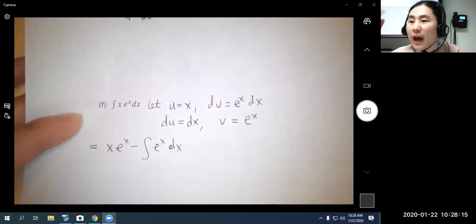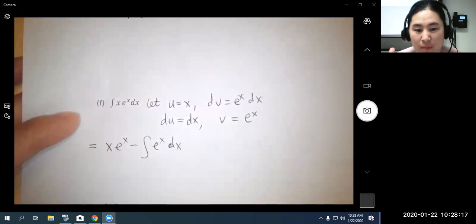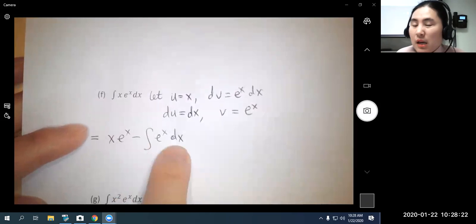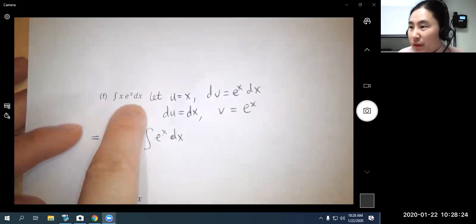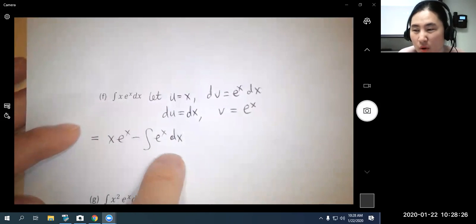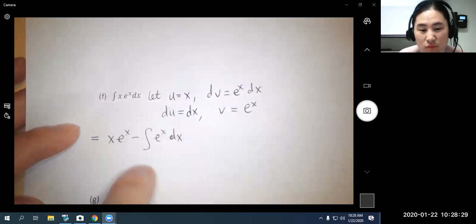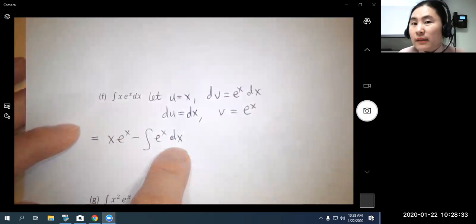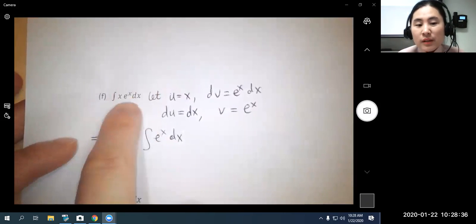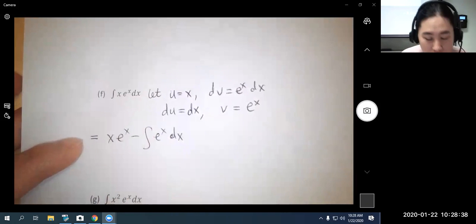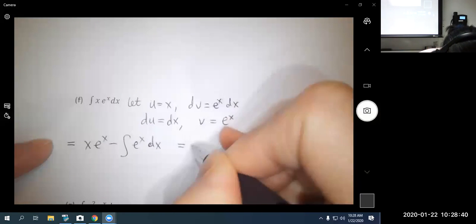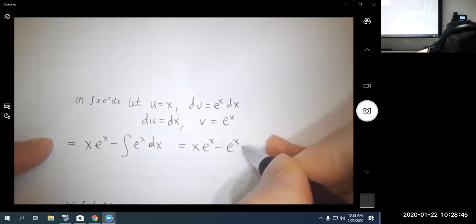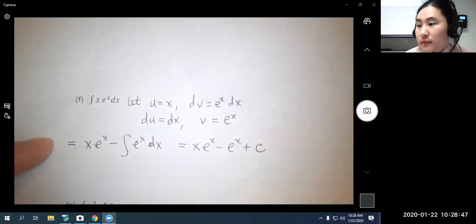You have to know that the idea of using integration by parts is that after we use it, this integral cannot be more complicated than the previous one. If your integral becomes more complicated, you have to switch or rethink it. Because we want a simpler integral in order to find the entire integration. So what do you have eventually for your result? x e to the x minus what? e to the x plus what? C. Done.